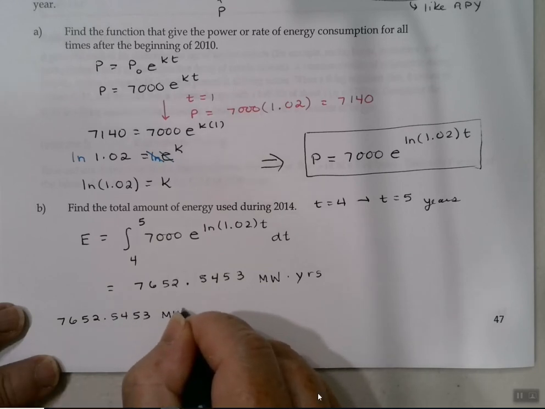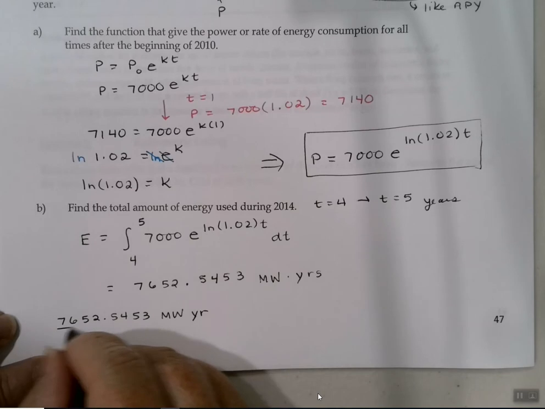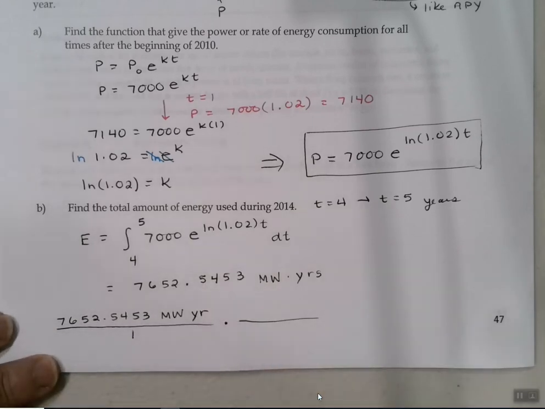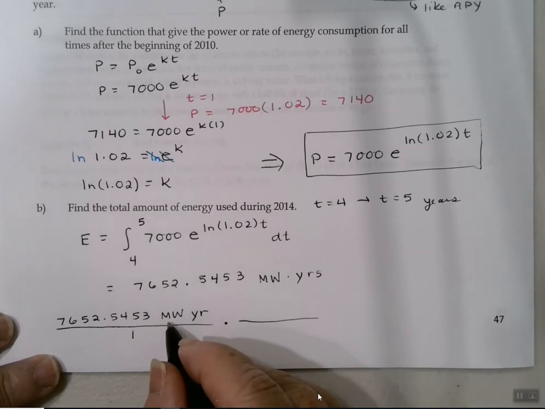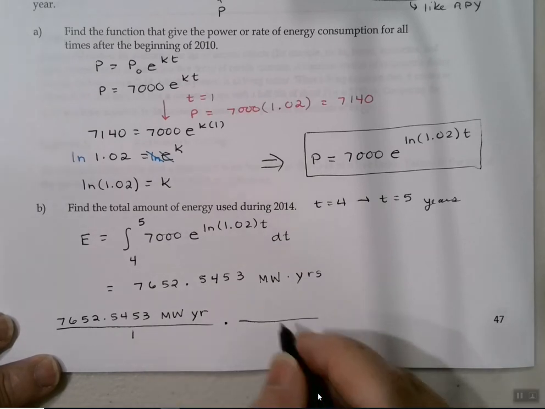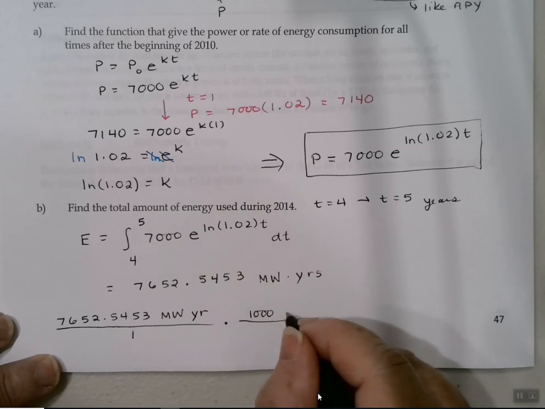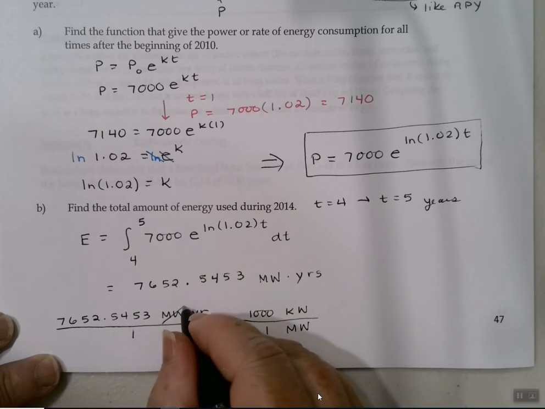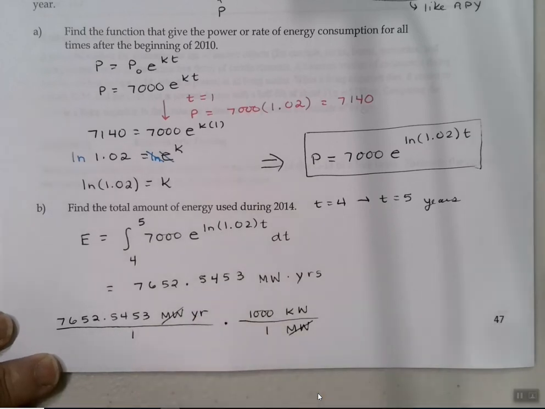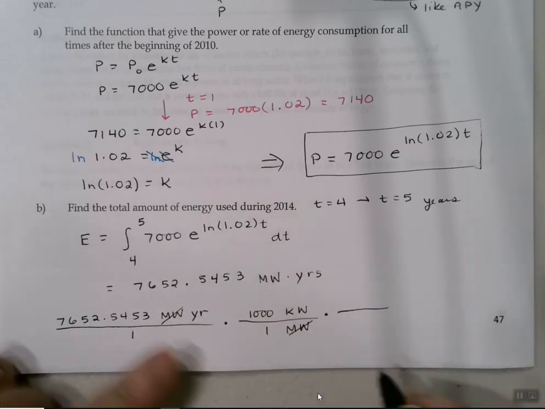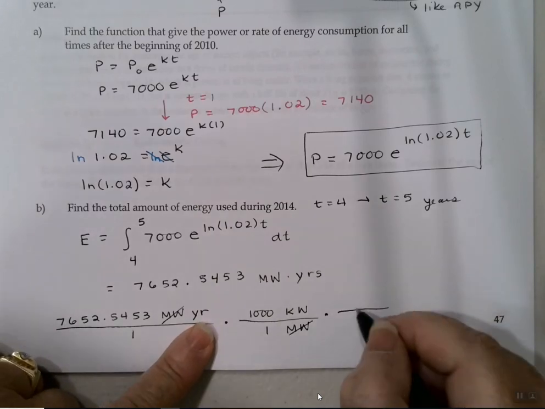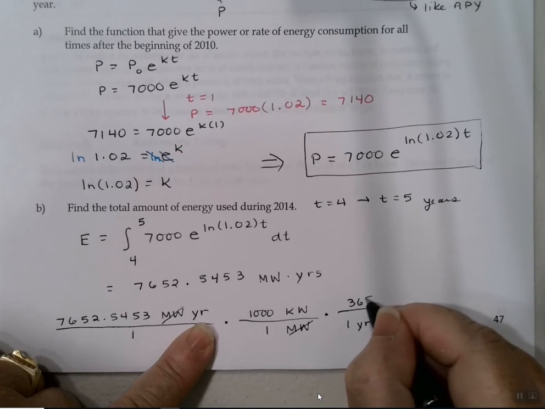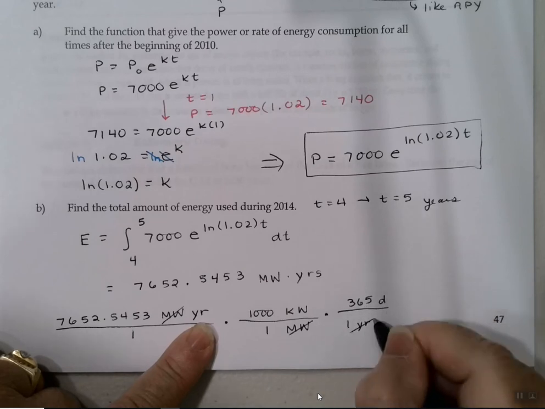Kilo is 1,000, mega is 1,000,000, so there would be 1,000 kilowatts in 1 megawatt. Gets rid of our megawatts. I don't want years, I want hours. I know that 1 year is 365 days. Gets rid of my years.